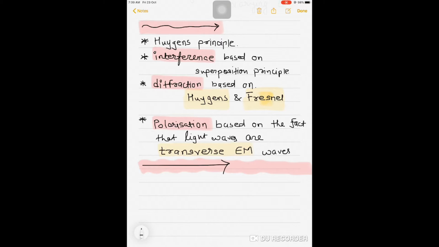So all these things that we have understood in terminology, now we will go and learn in detail.